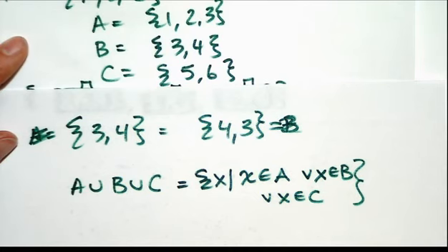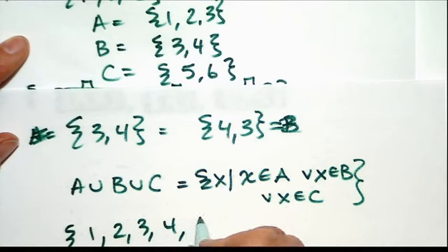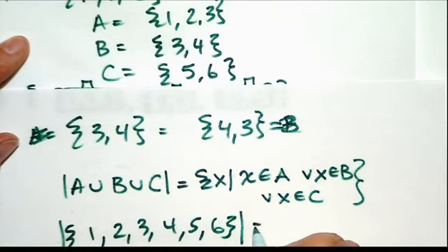But you can't. Sorry. Okay, so union is equivalent to OR. So I would take 1, 2, 3, 4, 5, 6, and the cardinality of this union is 6 because that's all the unique elements, even though 3 occurred twice.